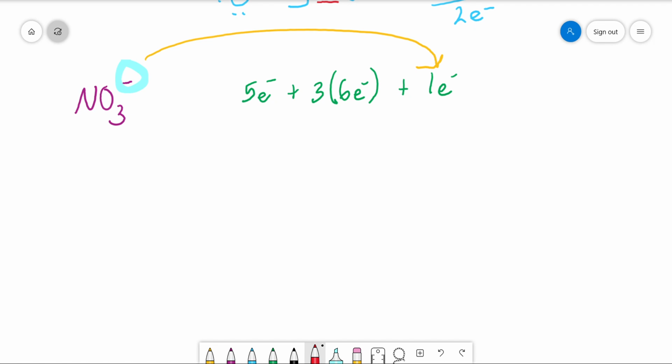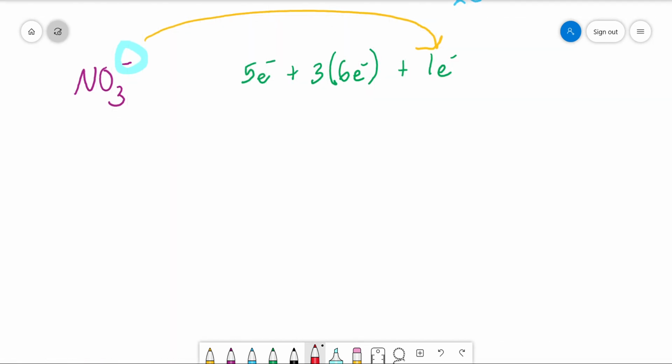Okay, so now that you're back, let's go ahead and do the Lewis structure. We have nitrogen in the middle. It's the least electronegative. Oh, I never added these up. So that is 24 electrons. Nitrogen, oxygen, oxygen, oxygen. Does it matter where I put them?